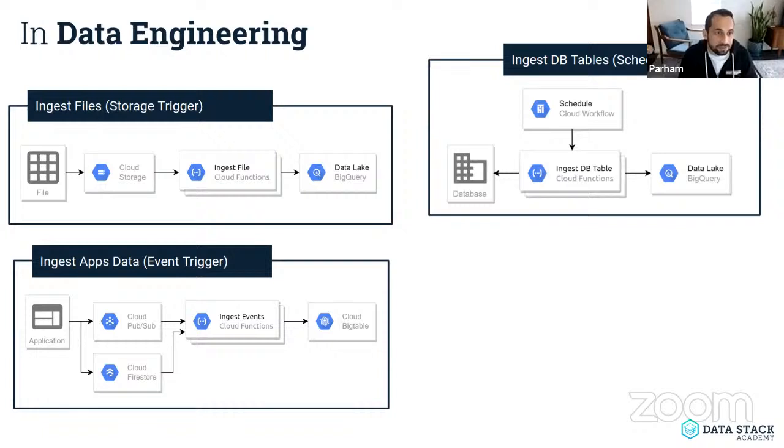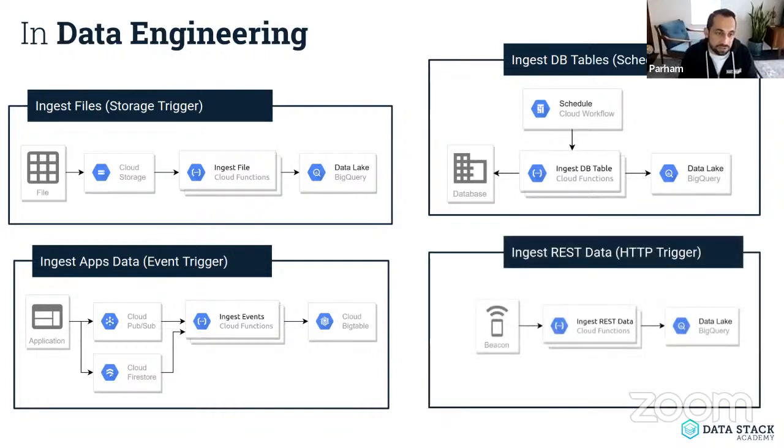A lot of clouds have these very light schedulers that are serverless as well. In the case of Google, that's Google Workflow, and that can trigger your cloud function, and now your cloud function can go fetch data, for example, from a database. This could be, in the case of Google, something like Spanner or SQL, and then ingest that into the data lake.